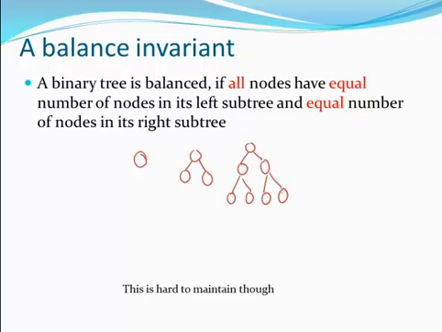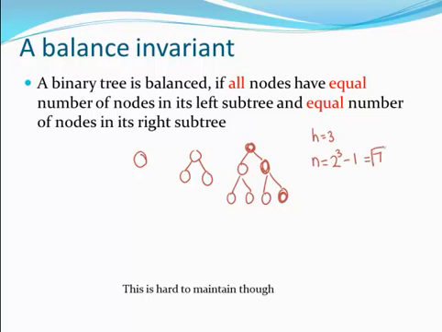It seems to me that this notion of balance is really strong. If you assume the height of the tree, in this case, is 3, where height is the number of nodes from the root node to the lowest leaf, then the number of nodes in the tree under this notion of balance is 2 to the 3 minus 1, or 7.